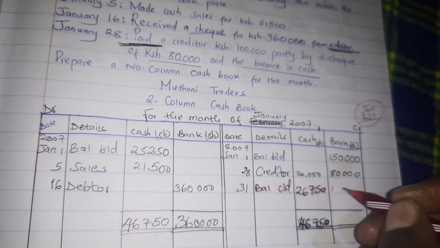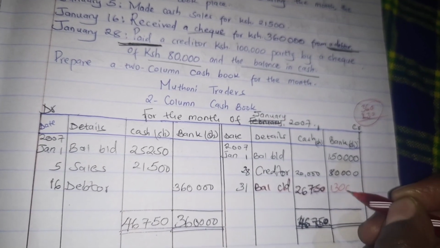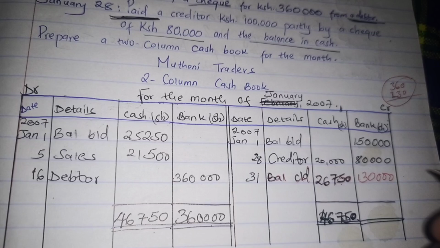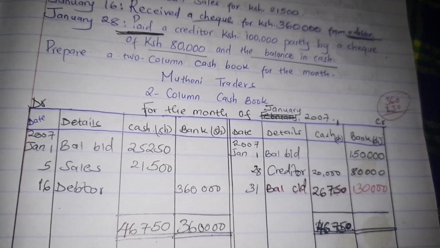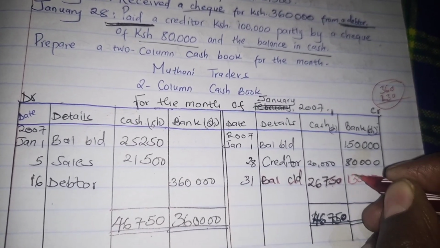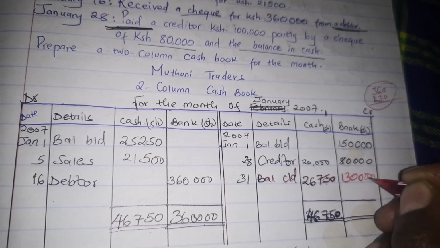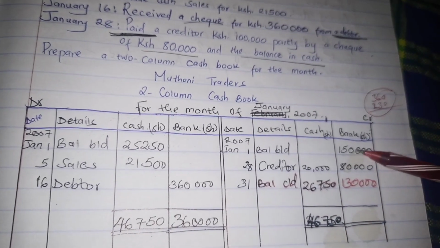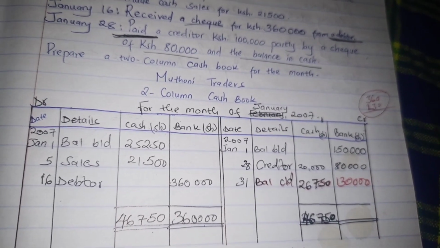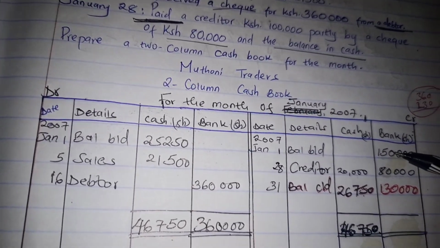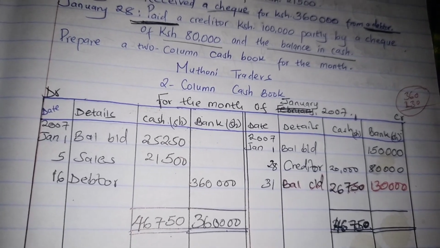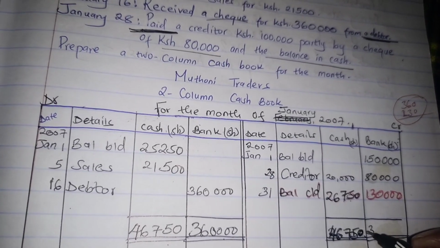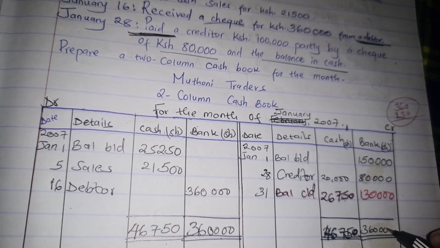That gives us 130,000. 130,000 in this case will be our balancing figure for the bank column. And therefore, now you can have your totals down here, where we have 150 plus 80 plus 130. That should give us 360,000.